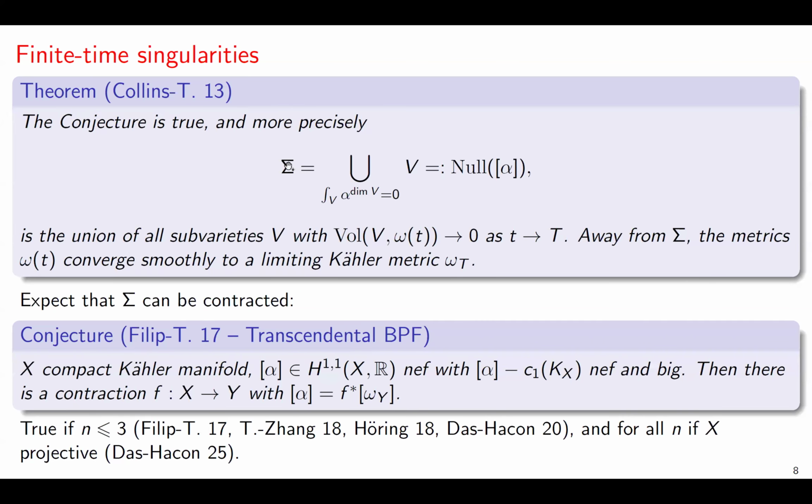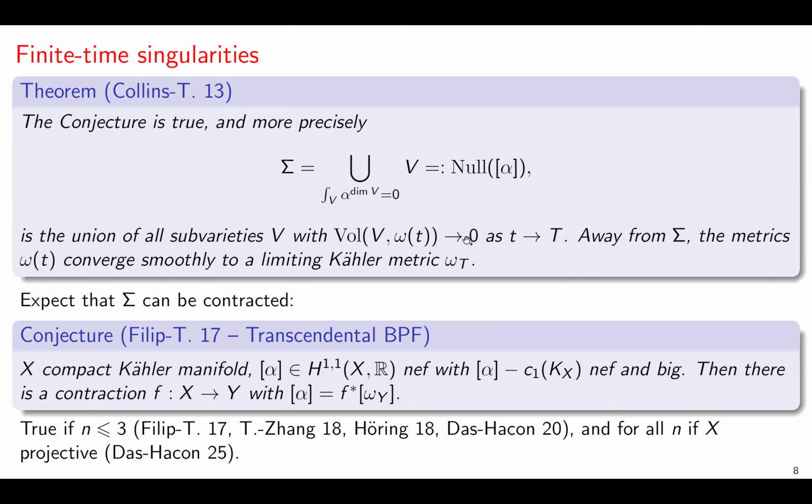In fact, the singularity formation set is the same as the null locus of this limiting class, namely the union of all positive dimensional, irreducible, analytic, closed subvarieties V, which intersect trivially with alpha. So the integral over V of alpha to the dimension of V is 0. And equivalently, this condition of intersecting trivially with alpha just means that their volume along the flow is shrinking to 0 in finite time.